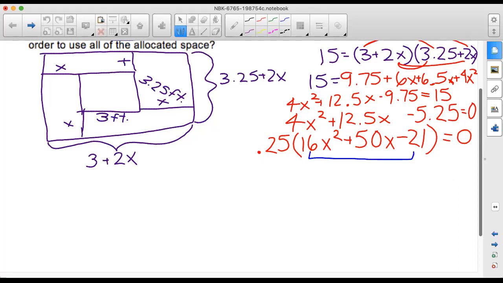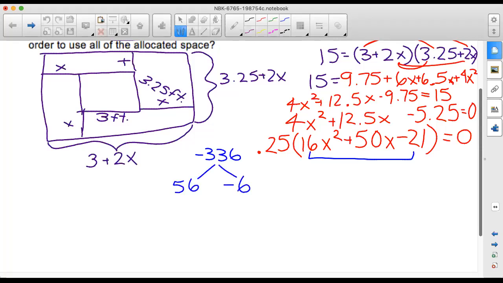And what does 16 times negative 21 give us? Negative 336. And we know that we need factors of 336 to add to 50. Is anyone able to get these factors? Faith? 56 and negative 6.